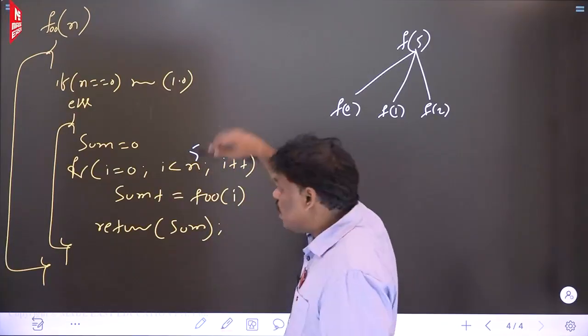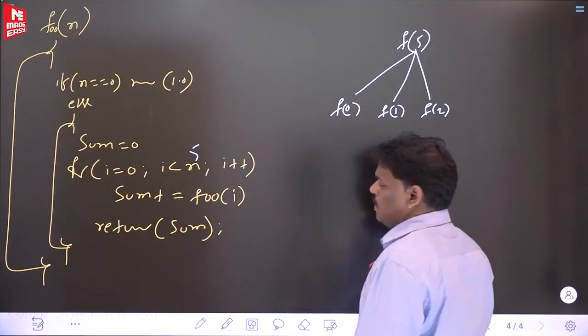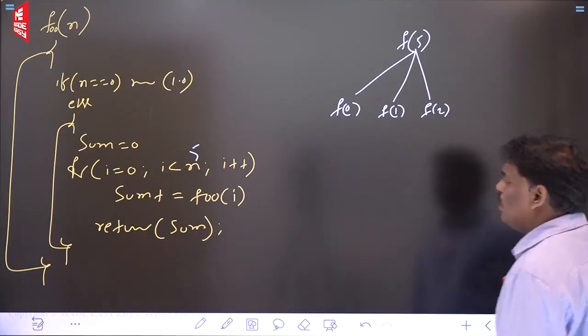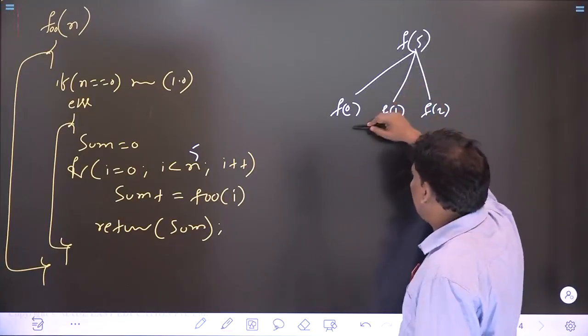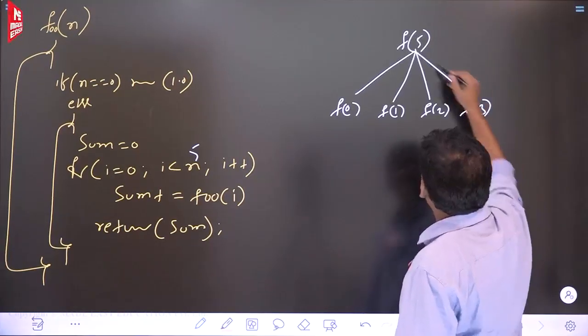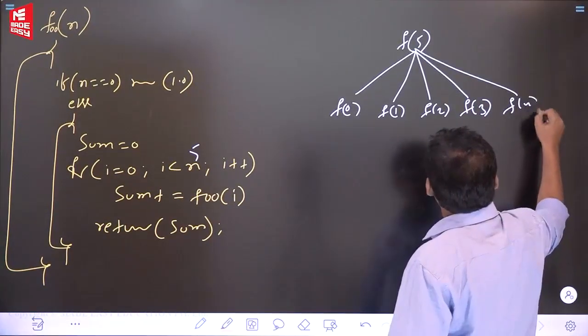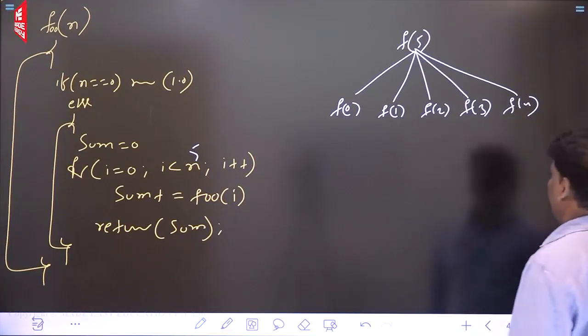Inside the loop there is a recursive call, meaning many recursive calls are there. So f of 5 internally calls f0, f1, f2, next f3, next f4. F5 is not there because 5 less than 5 fails.